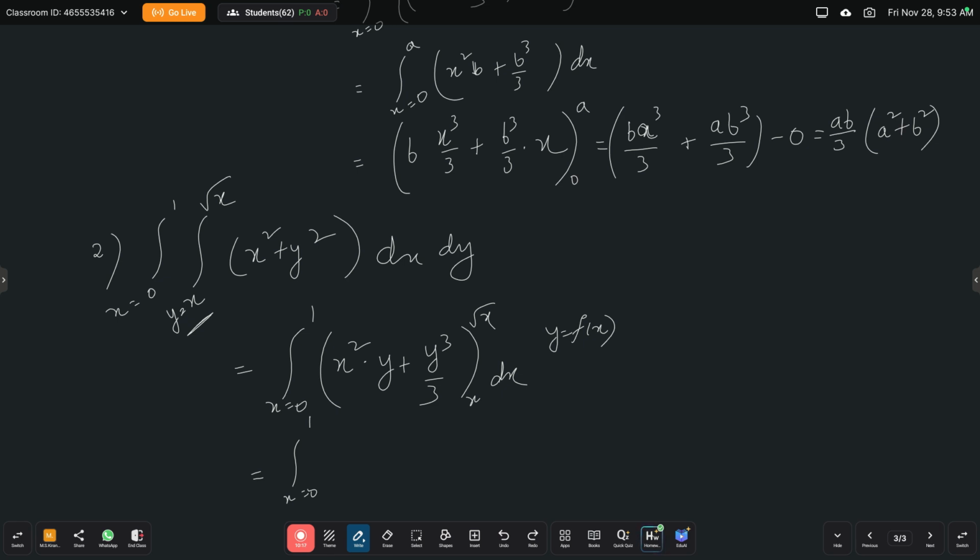The upper limit is root x. Substitute for y: x squared into root x plus root x whole cubed by 3, minus the lower limit, x squared into x plus x cubed by 3, dx.